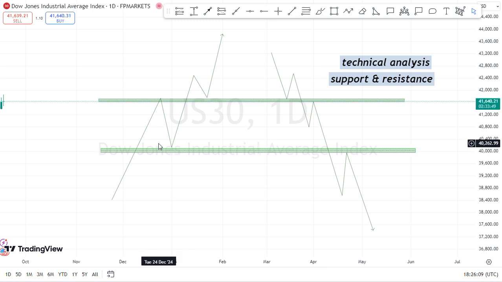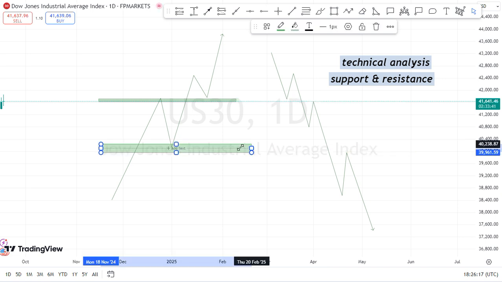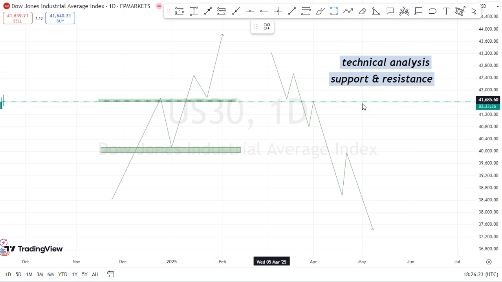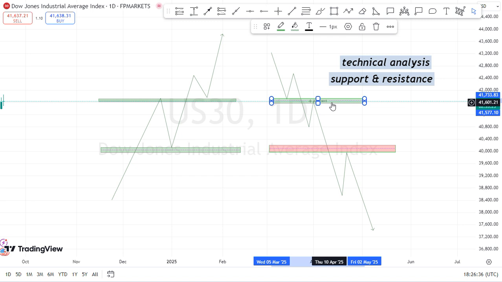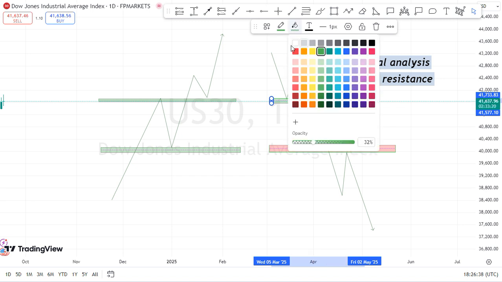I think I should, let me do this. It's a bit confusing. Okay, this is a downtrend, this is an uptrend.